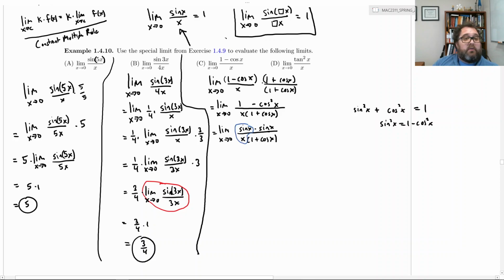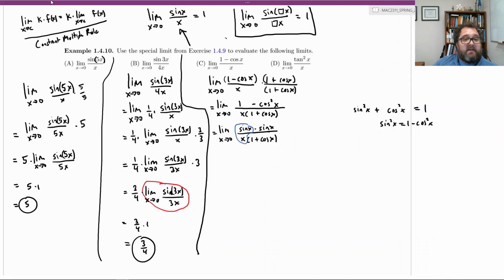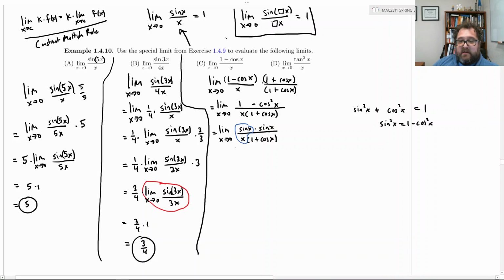And now we can use a little bit of properties of arithmetic to rewrite this as the limit as x goes to 0 of sine x over x. When you multiply fractions, you multiply numerators and you multiply denominators. So we can undo the multiplication and say sine x over x times sine x over 1 plus cosine x.